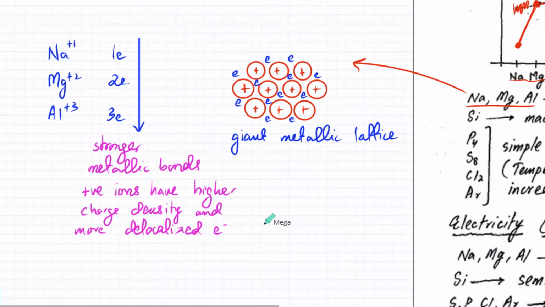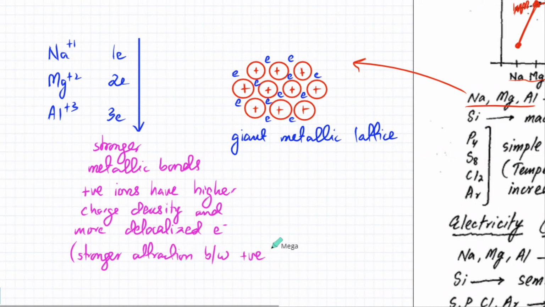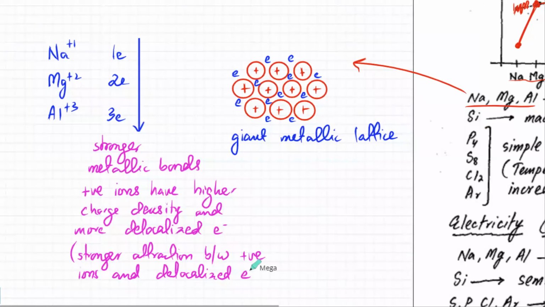So if you have more delocalized electrons, there's going to be stronger attraction. So there's obviously going to be stronger attraction between the positive ions and the delocalized electrons.